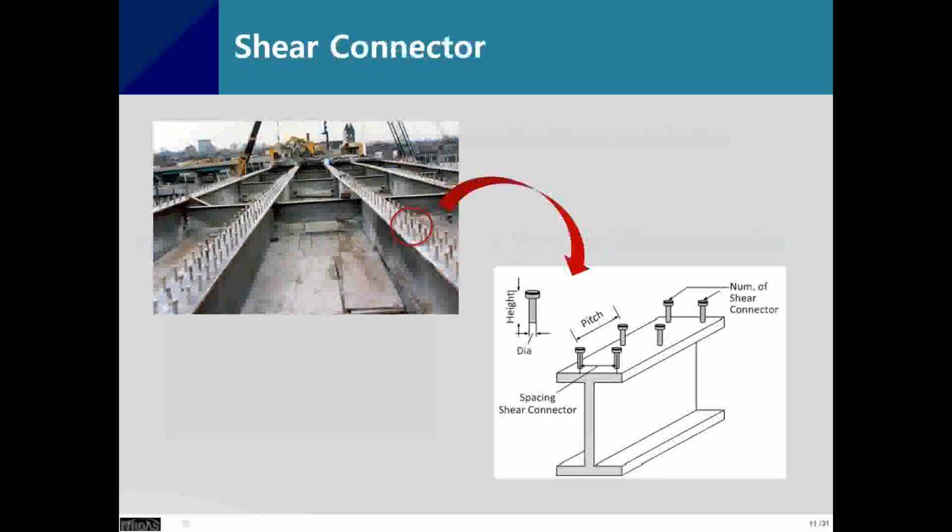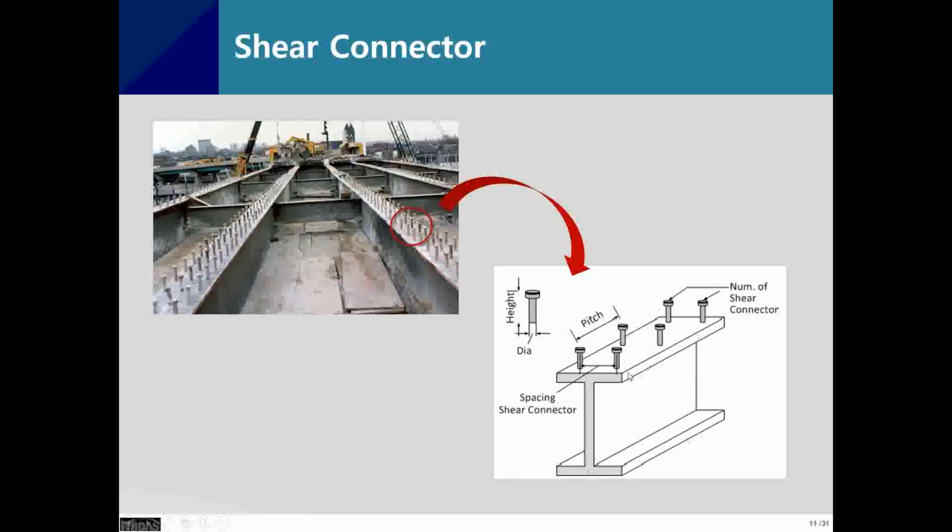Next one is shear connectors. So in order to have a perfect composite section, you might want to put in shear connectors. This picture is an example. This one has three shear connectors in a row, and this one is from the Midas Civil Design Guidebook.